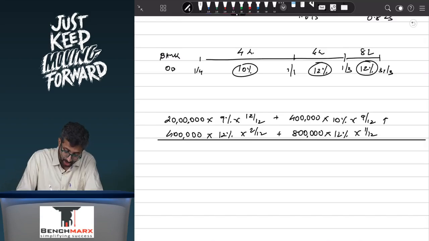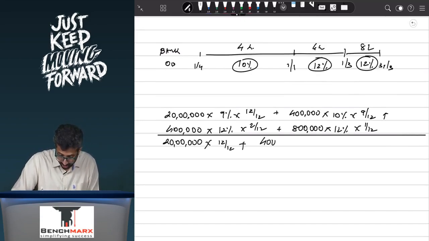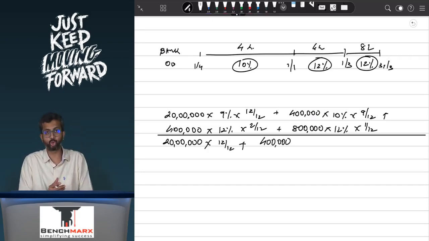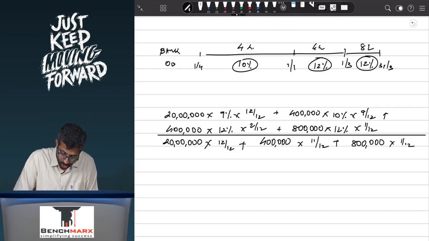In the denominator, even your borrowings will be time value adjusted. So this is 20 lakhs, which is there with you for the entire 12 months. 4 lakhs is there with you for 9 months at the rate of 10%, another 2 months at the rate of 12%, but it's basically 4 lakhs is there with you for 9 plus 2, that is 11 out of 12 months, and then 8 lakhs is there with you for the last 1 month. And hence you will try to find the number in the numerator.